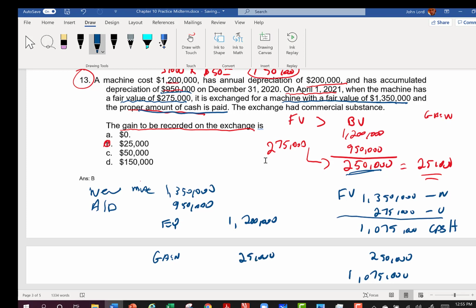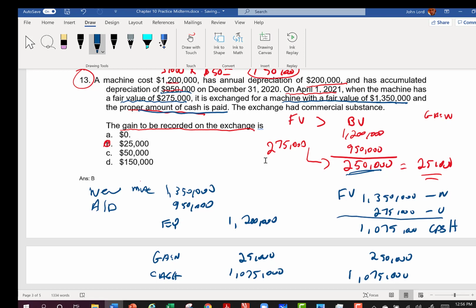Okay, and then I go ahead and I credit the cash, which I just figured out a minute ago, for 1,075,000. Okay, and you can put together the whole journal entry that way.